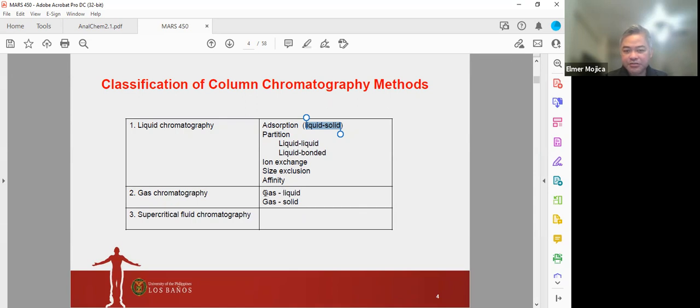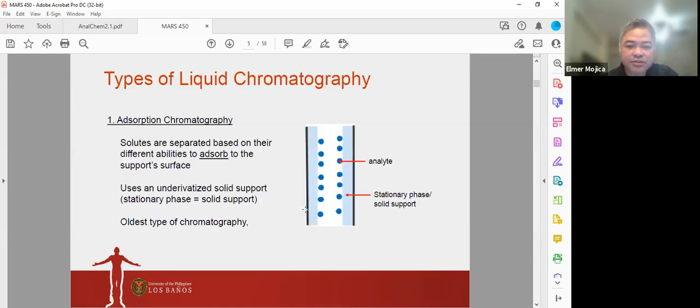For gas chromatography, it's your gas mobile phase passing through liquid bonded to a solid support, or a gas mobile phase that passes through a solid support that serves as your stationary phase. And the third one is supercritical fluid chromatography.